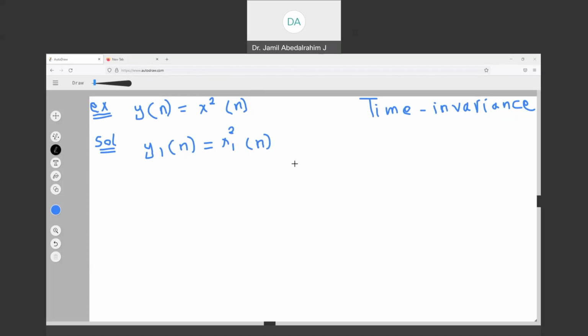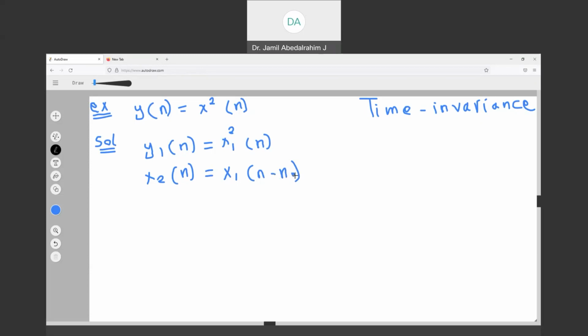Next, we assume that there is a second input, x2 of n, equal to x1 of n minus n naught. It is the same as the first input but shifted by n naught.